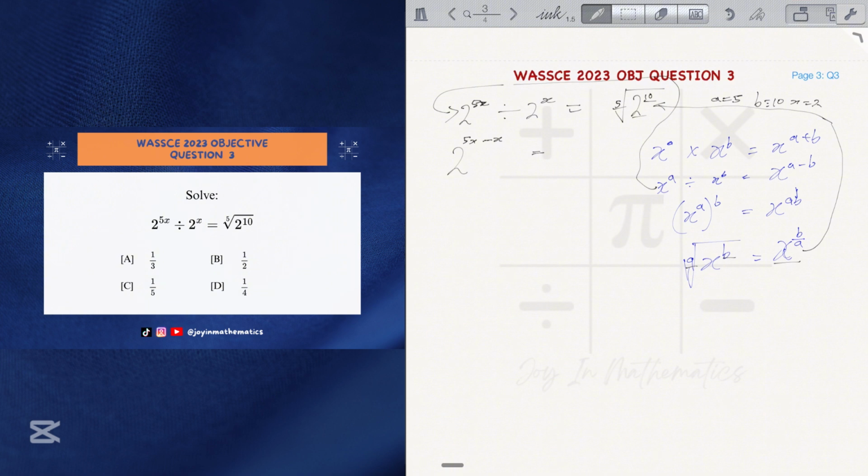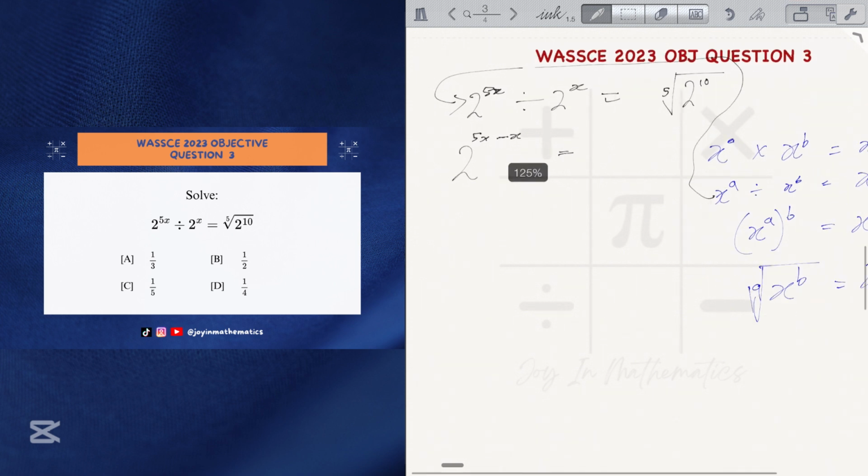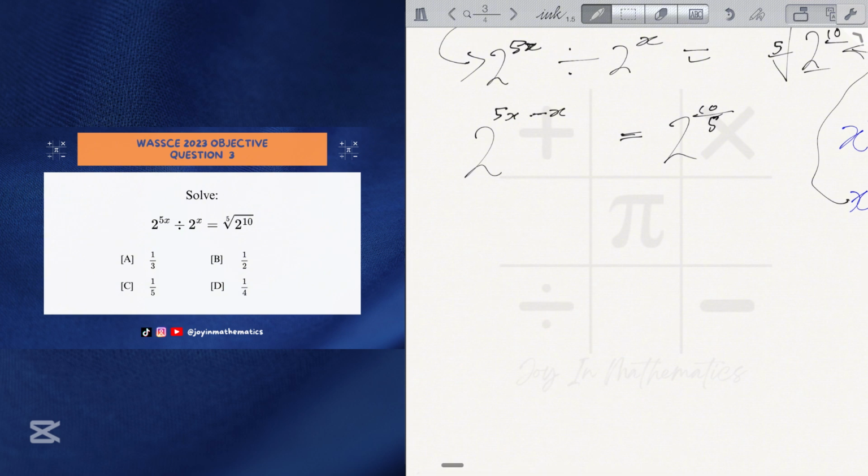So in view of that, all we just have to do is equate it to this format: 2 raised to the power of b over a, that's 10 over 5. So that's simple, and all we just have to do is solve these expressions together and find the value of x. So 5x minus x will give us 4x, so we have 2 raised to the power of 4x. 2 raised to the power of 10 over 5 will give us 2 raised to the power of 2.